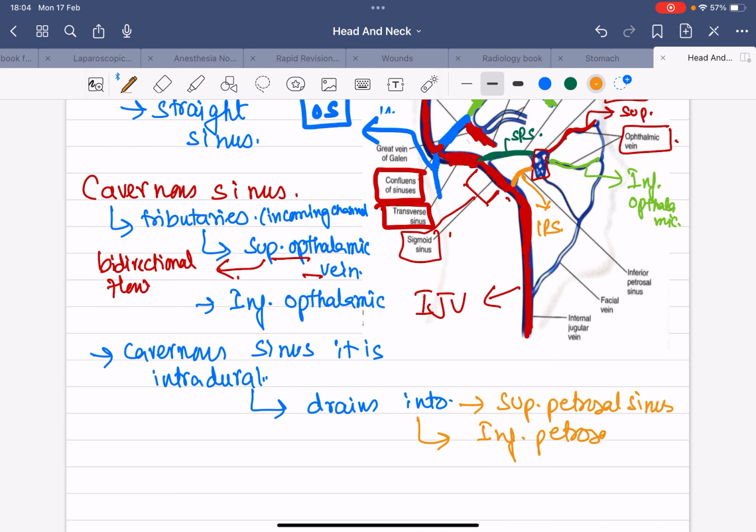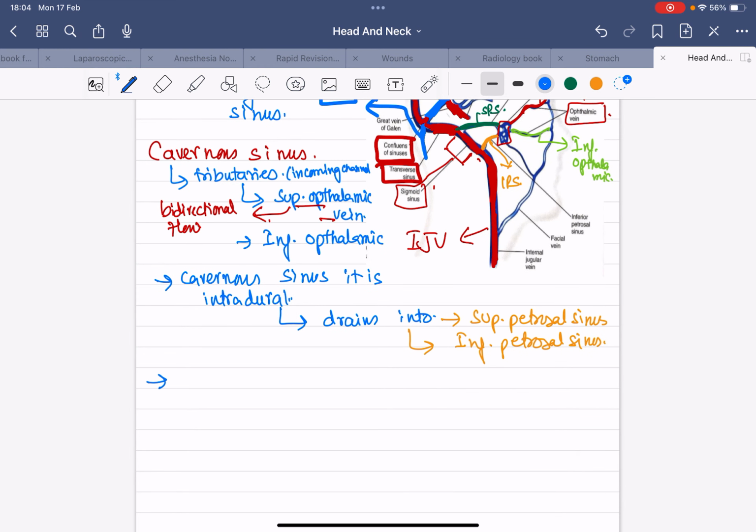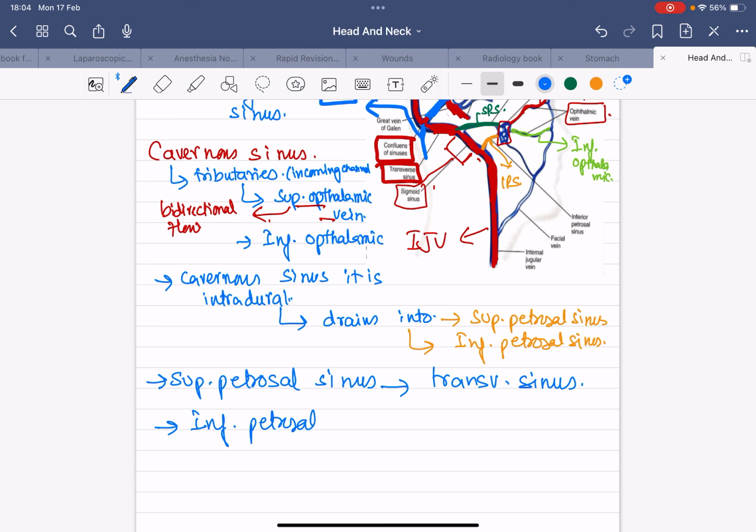Now you must know where these two sinuses are draining. Please remember the superior petrosal sinus drains into your transverse sinus. Second, the inferior petrosal sinus drains into your internal jugular vein.